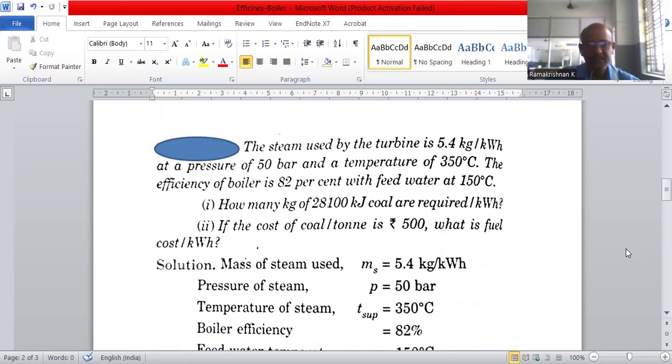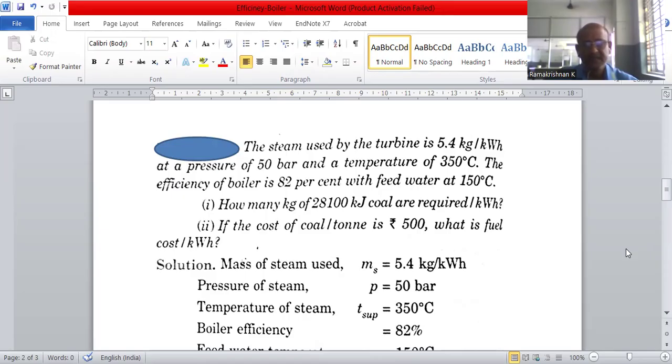The efficiency of the boiler is 82% with feed water at 150 degrees Celsius. The question is, how many kg of 28,100 kilojoule coal are required per kilowatt hour? The second question is, if the cost of coal per ton is 500 rupees, what is the fuel cost per kilowatt hour?